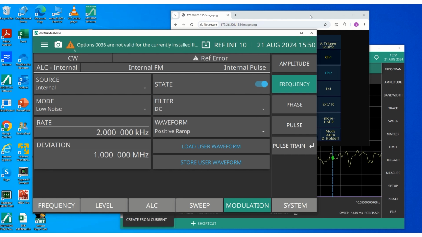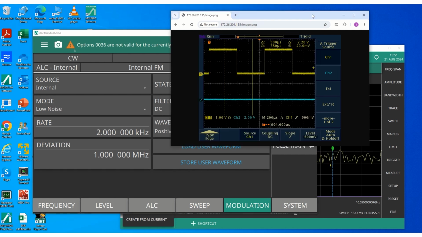And when we enable it, let's look at whether we are able to see it on the scope. So we'll update this, take a snapshot, and there you go. So you have a ramp generated for FM modulation, and as you can see, it is synchronized with the start of the pulse. It is always synchronized with the start of the pulse.